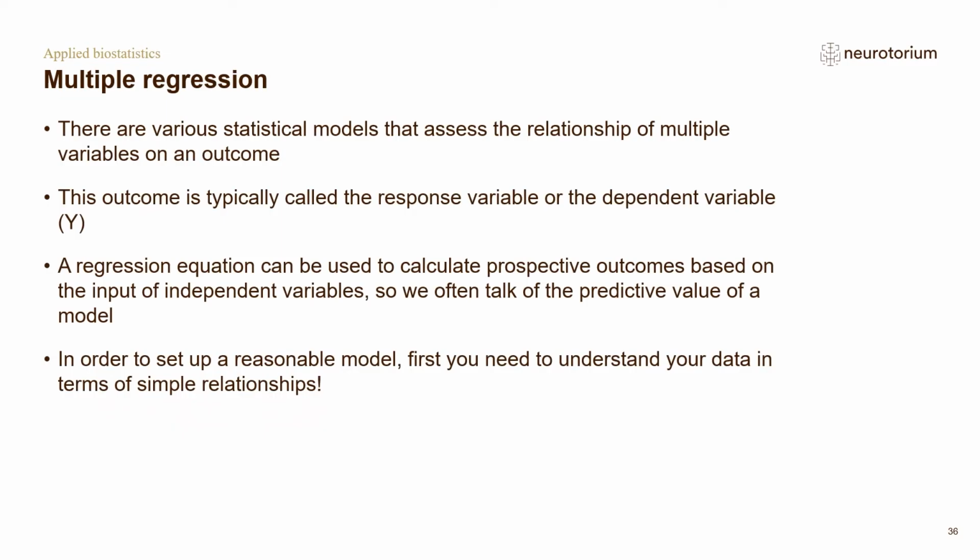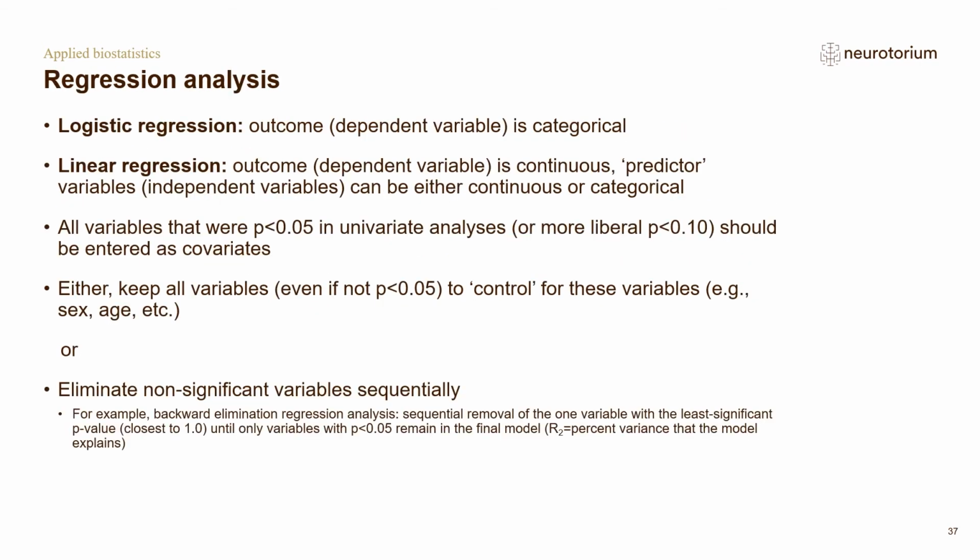For that, you do a regression analysis and fit multiple variables and their correlation with the primary outcome of interest. For a categorical outcome, you would do a logistic regression, and for a continuous outcome, you would do a linear regression.